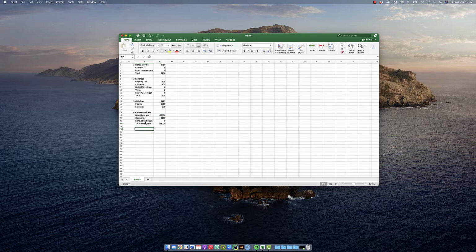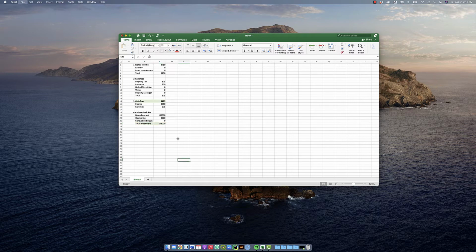So we have a 158,000 investment, and we've got our annual cash flow that we've already calculated, and let me highlight that value here.